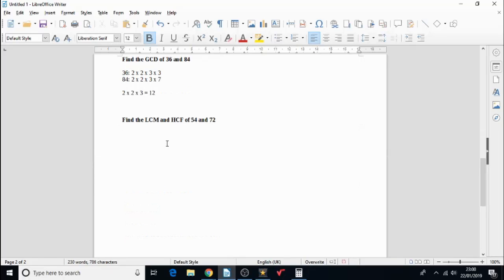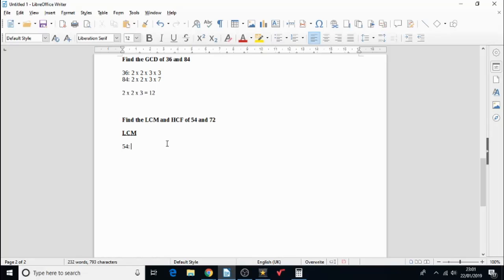And the final question is find the lowest common multiple and highest common factor of 54 and 72. So let's work out the lowest common multiple. We're going to write out, like I've done in the previous questions, our two numbers as a product of prime factors.